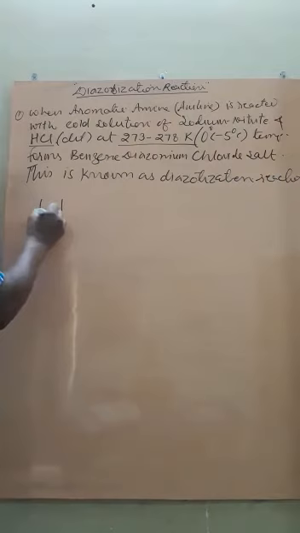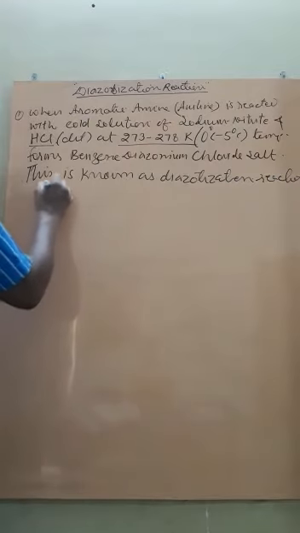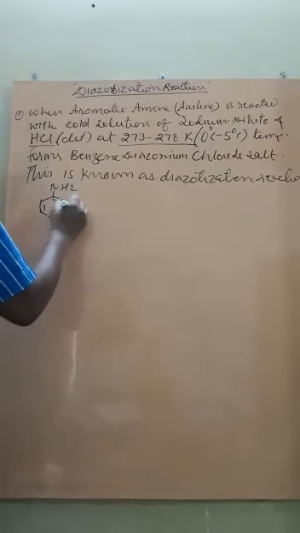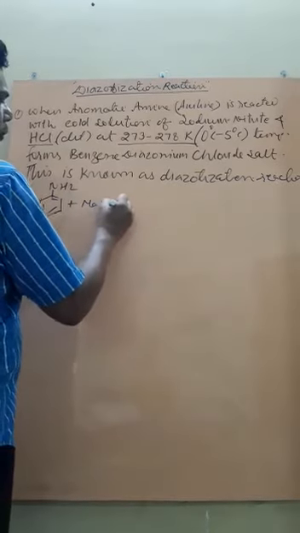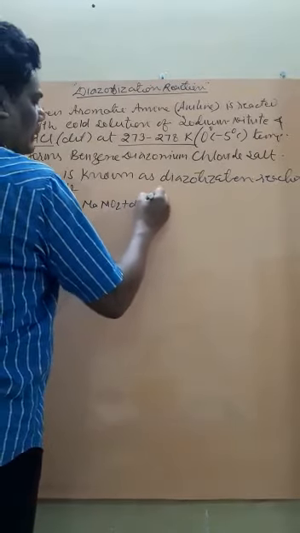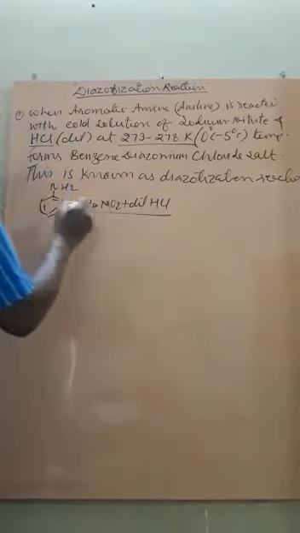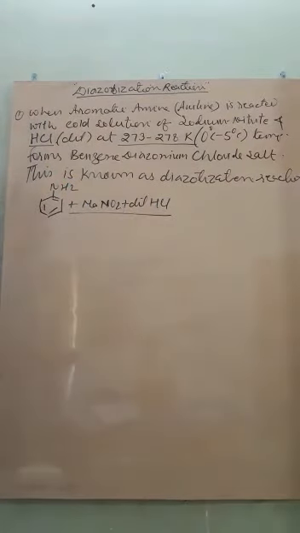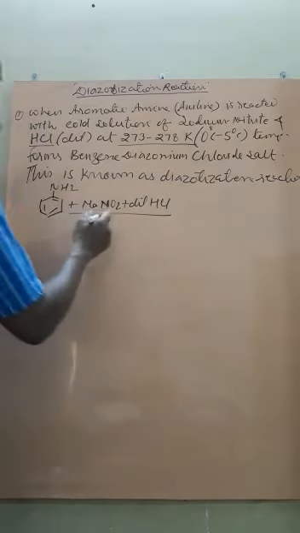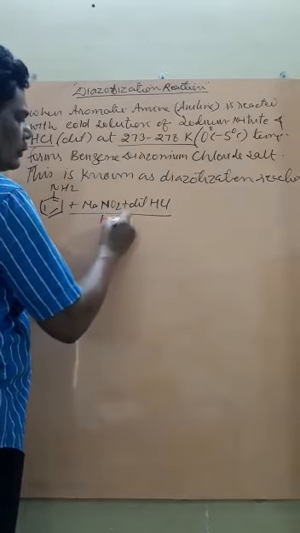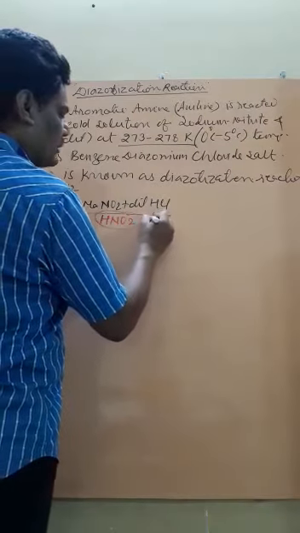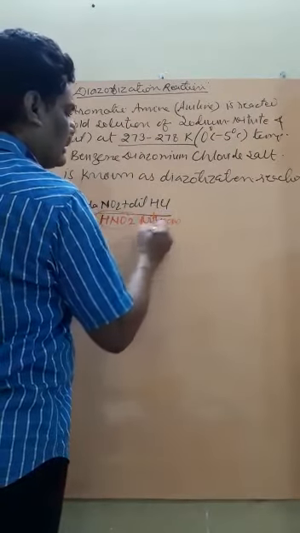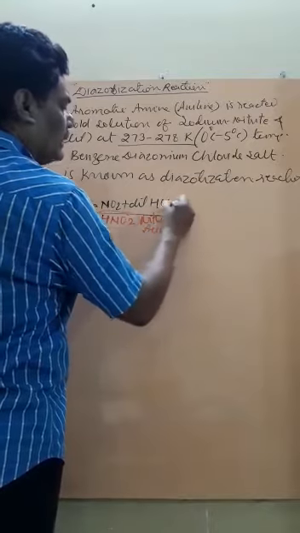Aniline. So phenylamine or aniline, when reacted with NaNO2 plus dilute HCl, actually it first produces HNO2, which is called nitrous acid. Therefore, in this reaction, sometimes it is written as nitrous acid, so don't be confused.